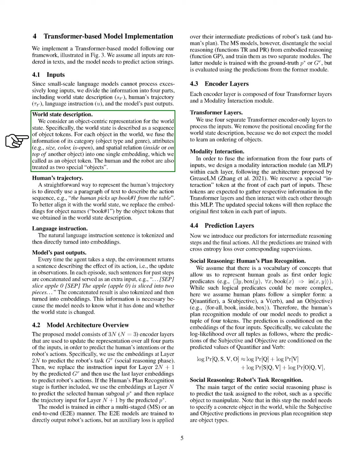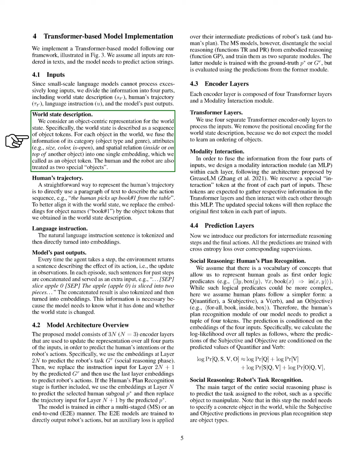For the world state description, we adopt an object-centric approach, representing the world as a sequence of object tokens. Each object token combines information about the object's type, attributes like size and color, and its spatial relationships with other objects. We also treat the human and the robot as special objects. To represent the human's trajectory, we describe the action sequence in text, such as, the human picks up book number 1 from the table.